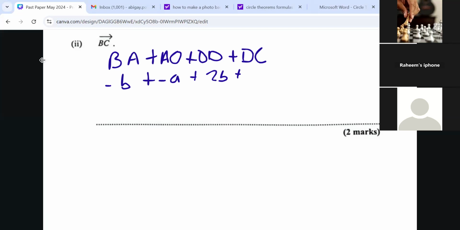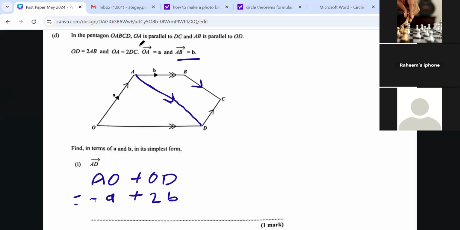And then DC, where's DC? This is the only thing I see DC in.